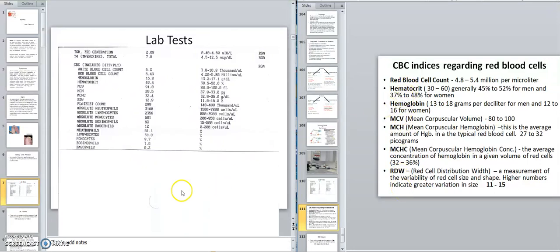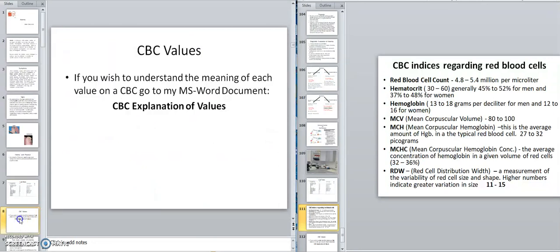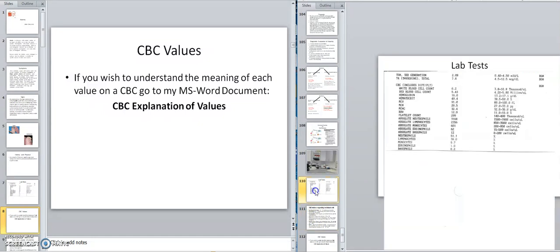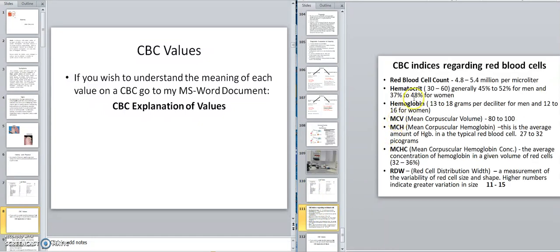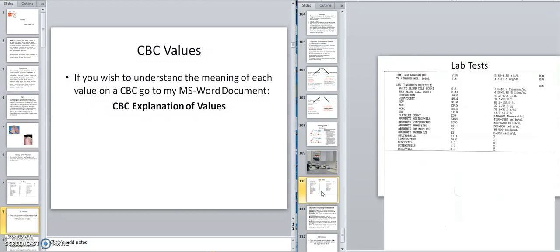But I have an MS Word document that I created that you can also find in the A&P2 if you want to get a more detailed explanation for all of these values here, more detailed than I gave you here. So there is a document that you can look at, but it's in MS Word. So you'd look down and you would see that if you want to. All right, we'll go a little further now.